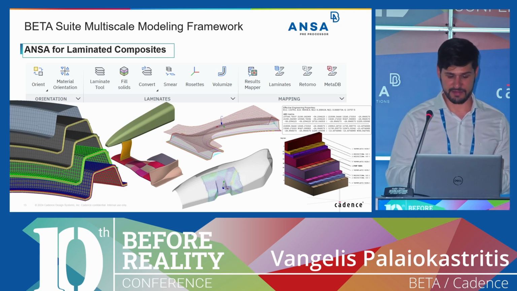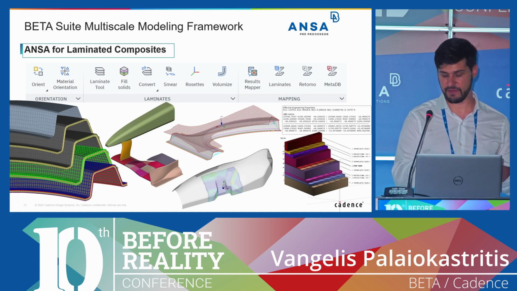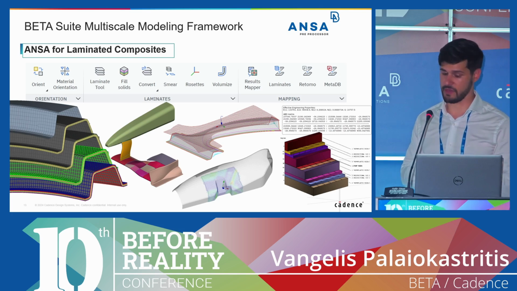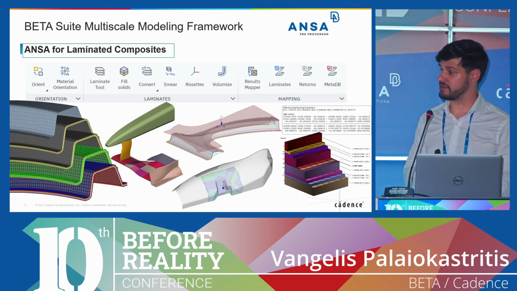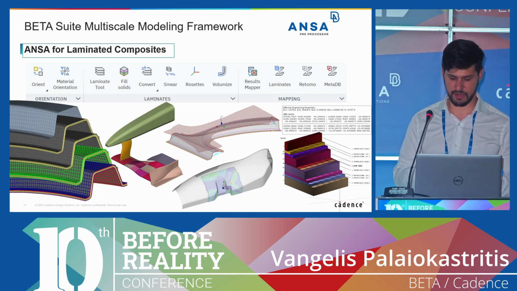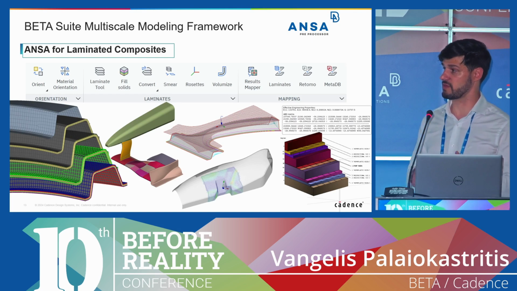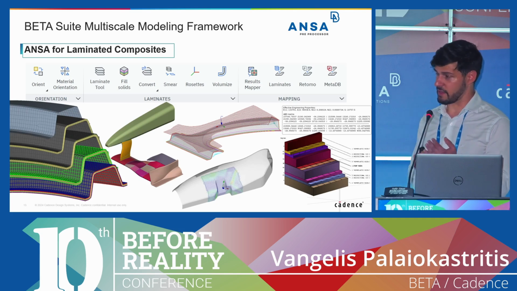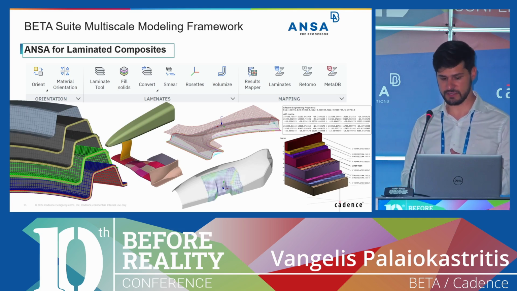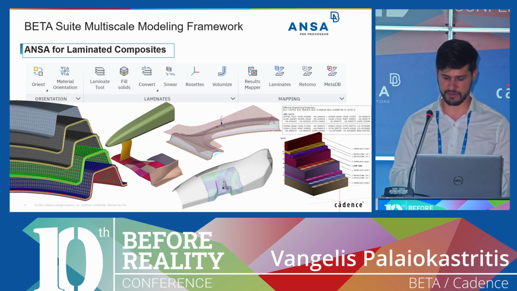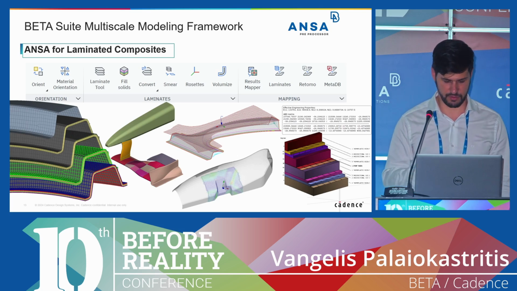But definitely inside ANSA we have the capability to define layer sequences, modify orientations for both cell and solid composite models, inspect and have reporting about the lamination information, such as the ABD matrices, and of course we have the capability to convert cell models to more detailed solid models or even hybrid cell and solid laminated models.